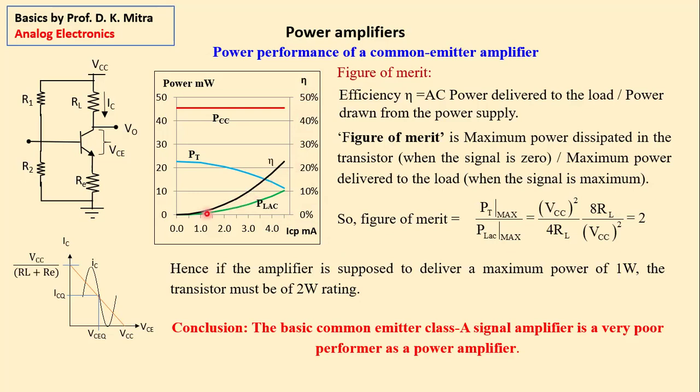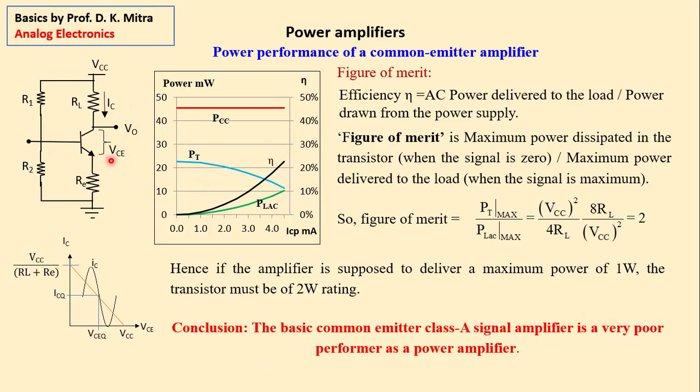And the maximum music power which it can deliver is only one-fourth of the DC power it draws from the battery. Its transistor gets very heated when there is no signal. So for all these reasons, this common emitter amplifier is a very poor performer as a power amplifier.